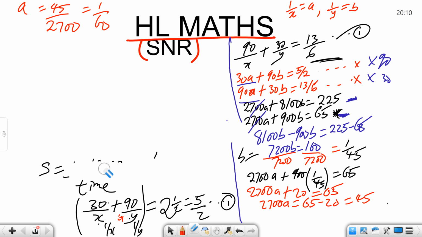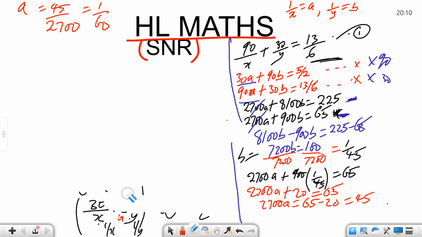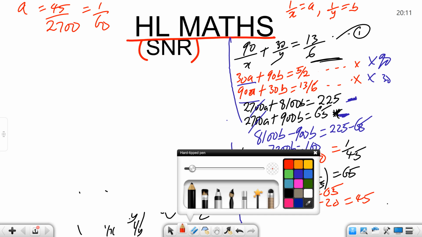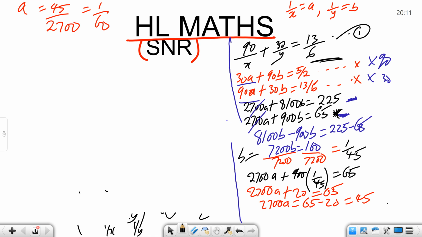Okay, so we have a value for A and B. Recall that we said 1 over x equals A. So 1 over x must be equal to 1 over 60.